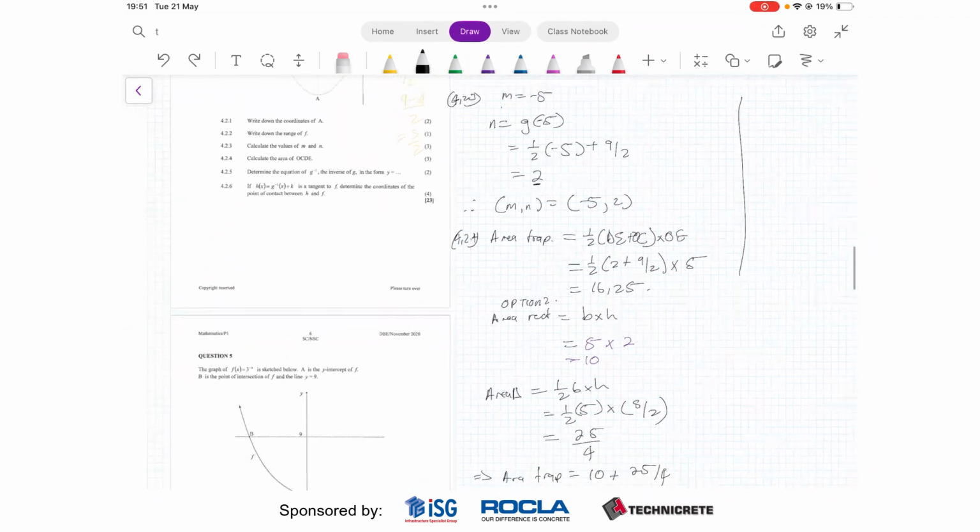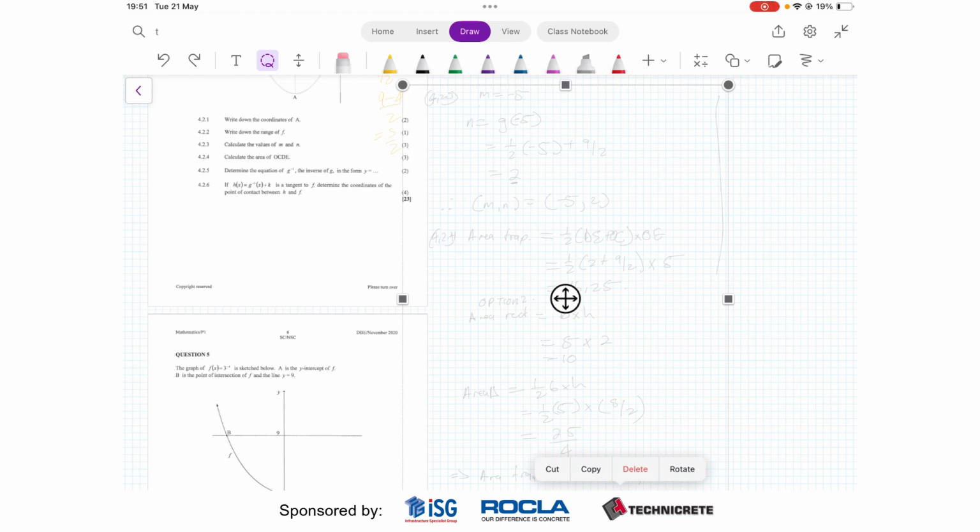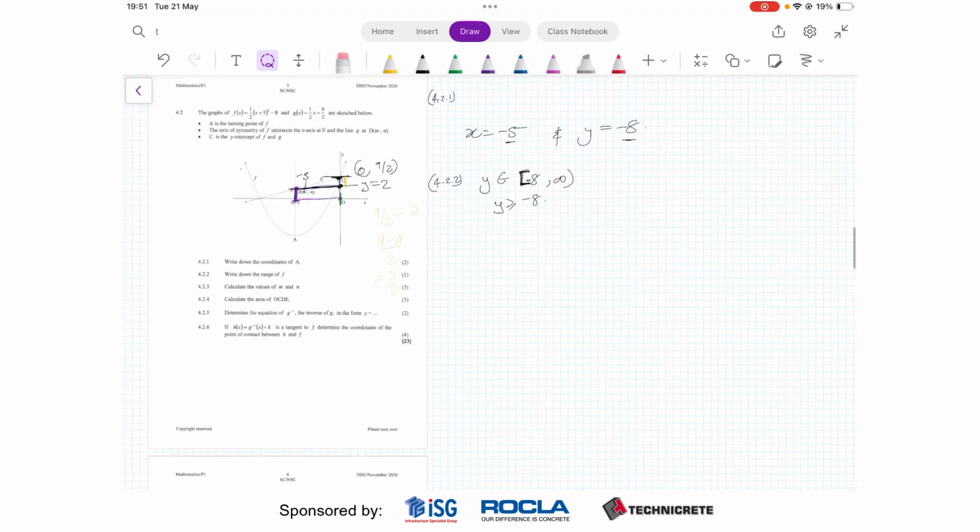Now moving on, determine the equation of the inverse of g in the form y is equal to whatever the inverse of g will be.